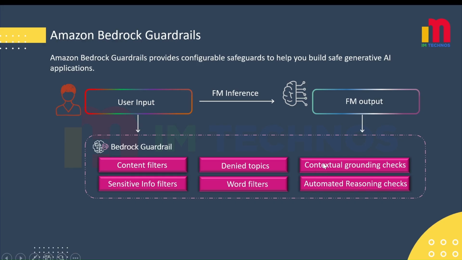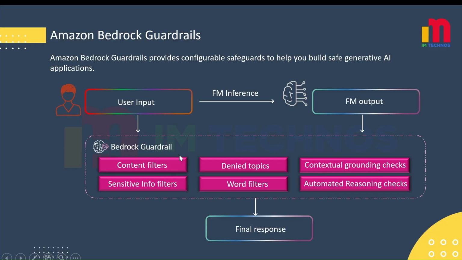If the answer is yes, the response is blocked or modified. If the answer is no, the final response is delivered to the user. So technically, guardrails operate at two levels, input validation and output validation. So they don't just control what the model says, they also control what the model is even allowed to respond to. And that dual layer protection is what makes Amazon Bedrock Guardrails enterprise ready.